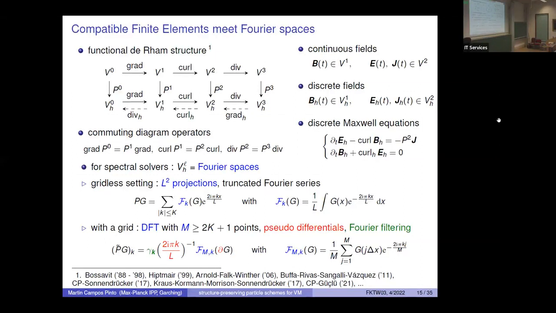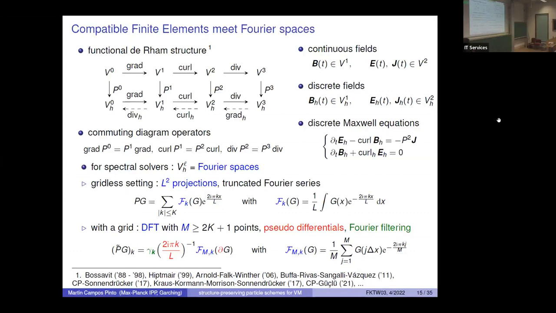So this is the discrete Fourier coefficient of a function G. And in order to have this commuting property, if you use just the DFT projections, they will not commute with the differential operators.